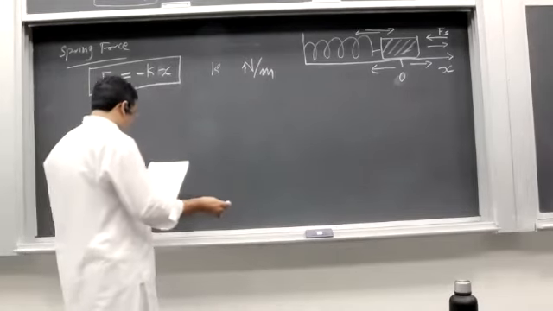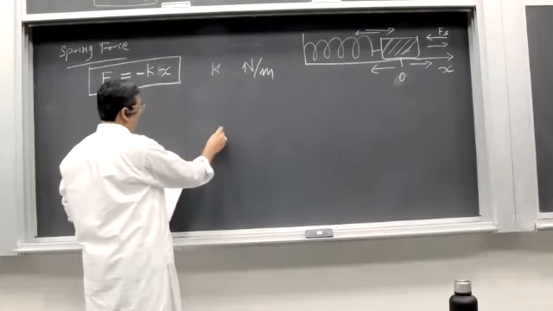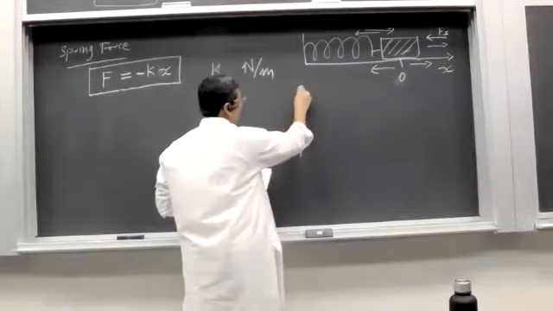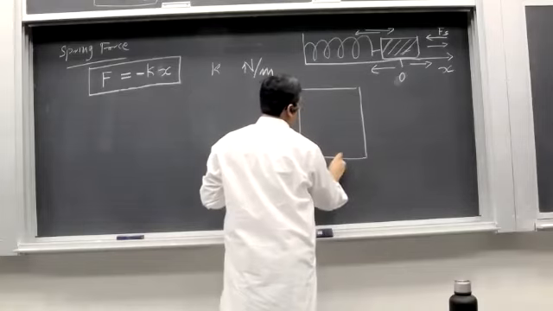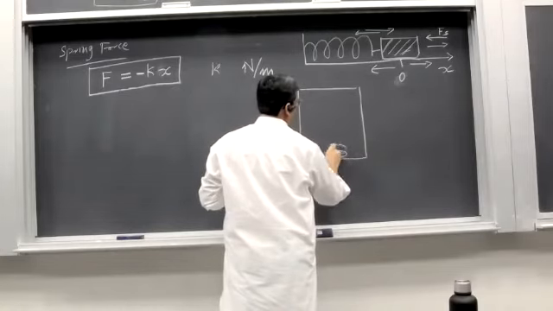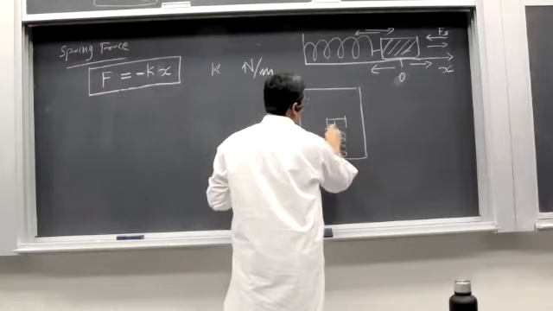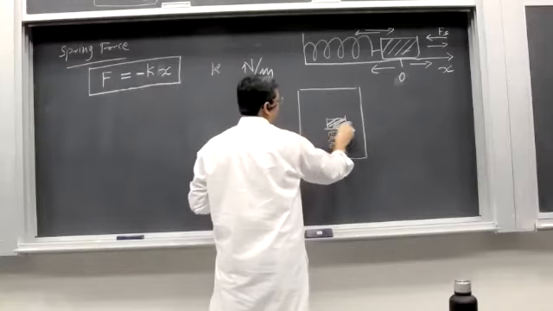So now let's say that you are in an elevator, or let's say we have an object in an elevator. There is a spring, and on top of the spring is a block of mass m.